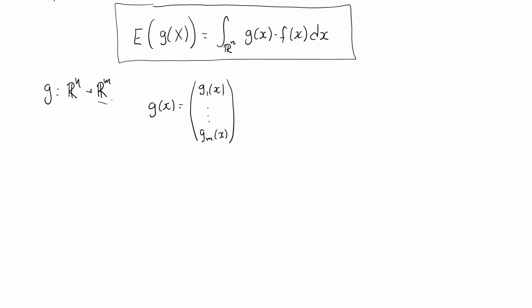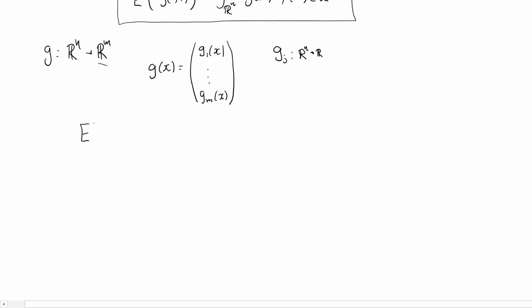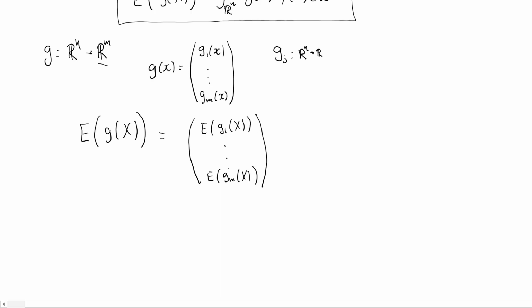That is, I can always break this into m functions, where each of these functions, gj, is a function from Rn to just R. In this case, the expected value of g of x will become equal to expected value of g1 of x down to expected value of gm of x, where each of the elements in this vector is calculated using the previous formula.